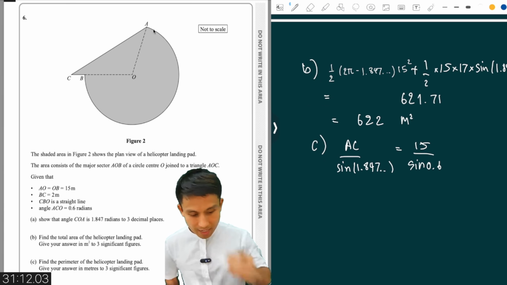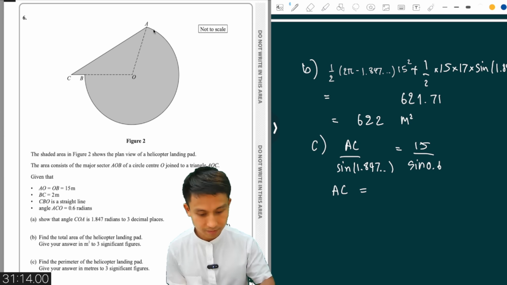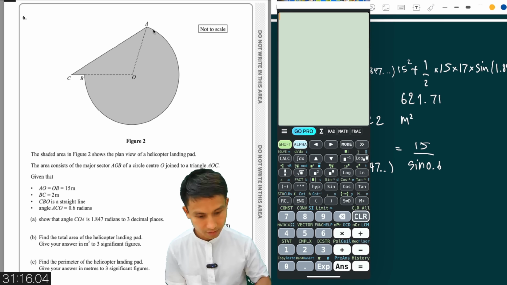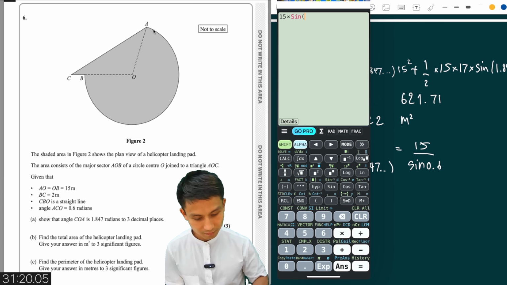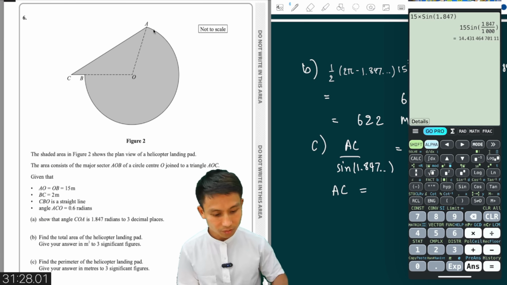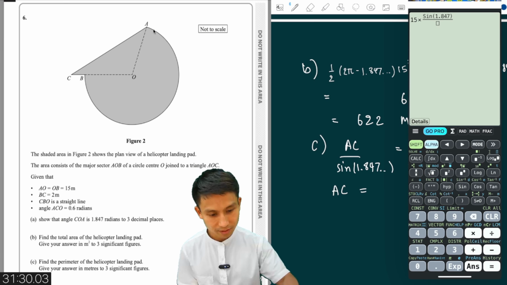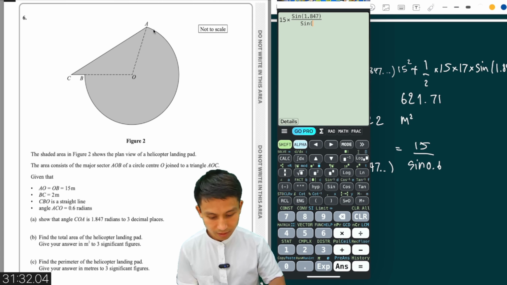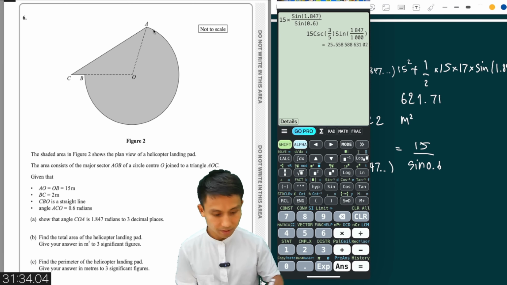So that's going to be AC, which is 15 times sine of 1.847, I'm just going to take that rounded value, divided by sine of 0.6. All right, so that's 25.559.